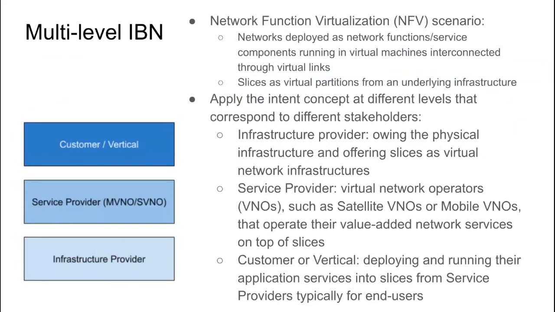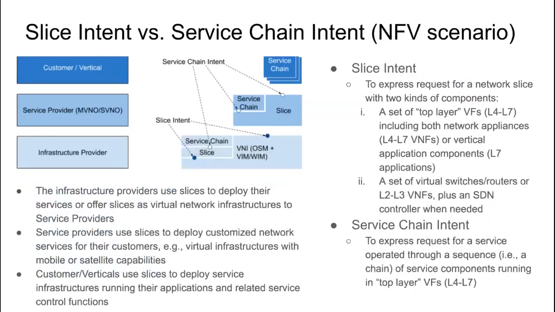You have different interactions, but maybe it's better if I show you this. That should be more clear. Basically, if you have a customer that wants to set up a service, what you do, at least in our idea, is use what we call the service chain intent.